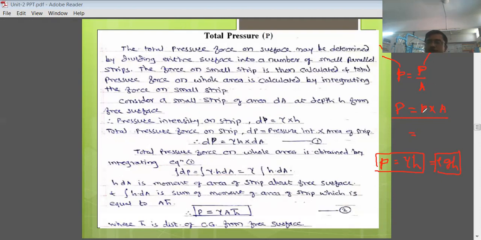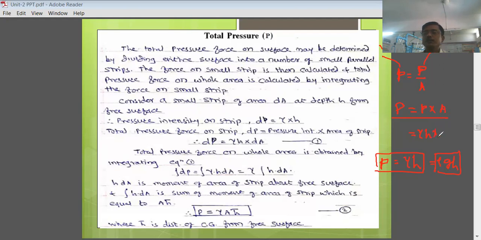So now instead of using this p, what I can put here is gamma into h. What is the h? We have defined this h also, that small h is nothing but the distance of that strip from the liquid surface. How far below the liquid surface the strip is, that is nothing but small h. So instead of writing this p, I can write here gamma h, right?